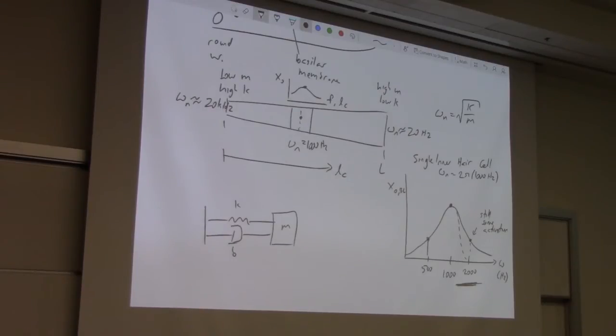It turns out though that the outer hair cells are able to create what effectively is a reverse damper. Remember, with a damper, the faster you move, the harder it is to go that fast. If you were to make B negative, so that would be negative damping, the faster you move, the more it's going to move you. So you give it a little bit of start, and it's going to just go crazy.